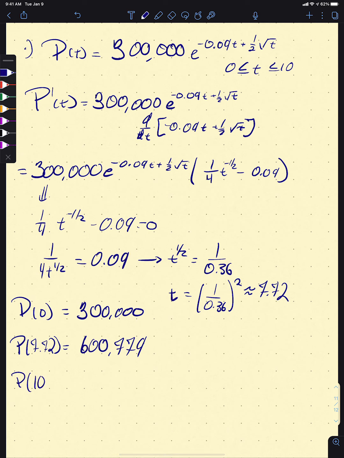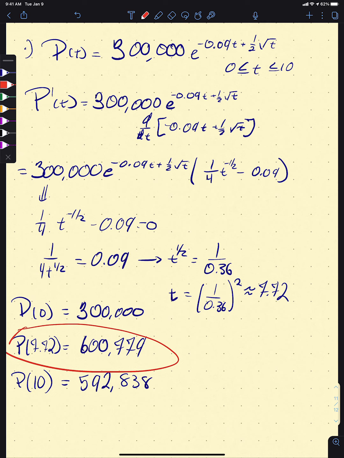And then P of 10 years is a little bit less at 59,838. And so the winning time to wait is 7.72 years, and that's when this property will be at its highest value for you to sell.